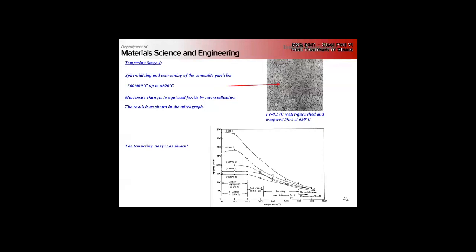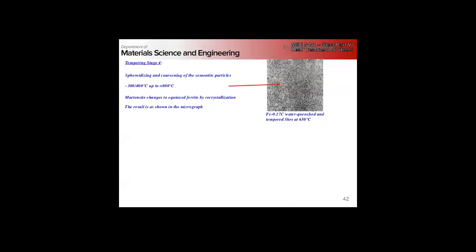First we segregate the carbon out, and then it's not until stage 2, tempering at a slightly higher temperature, that we decompose any retained austenite into bainitic ferrite.